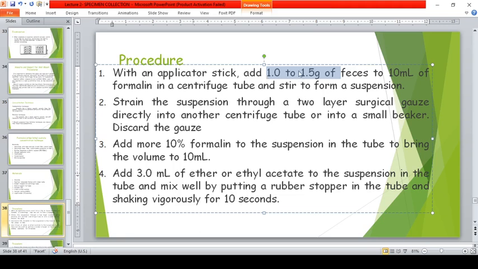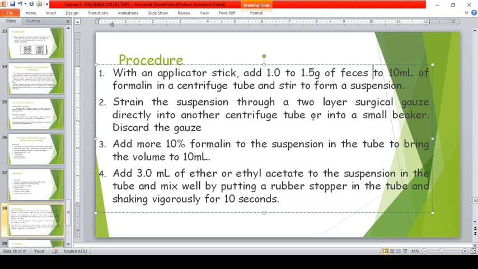So, strain the suspension through 2-layer surgical gauze. Kumbaga, if i-filter mo siya, okay, you mix this 1 to 1.5 gram of feces to 10 ml, and then you mix it properly to form a suspension, and then you will filter it using 2-layer of surgical gauze.